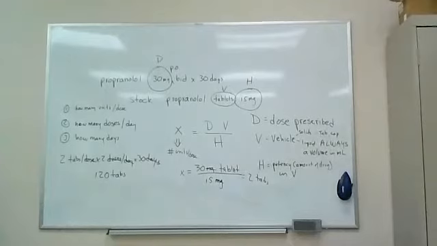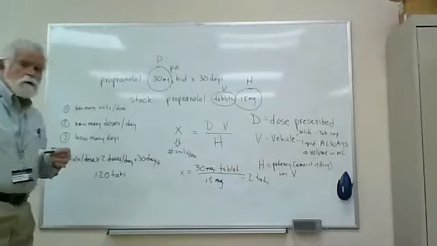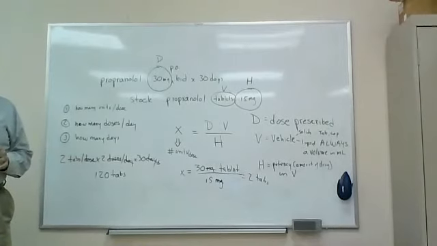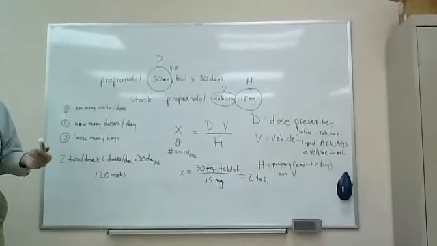Do you have any questions about that? I want you to remember that formula, D times V over H. But I also want you to remember that V is going to be either a tablet or capsule or a number of milliliters. And it doesn't matter if they're liquid drugs, it doesn't matter if they are oral liquids or injectable liquids.